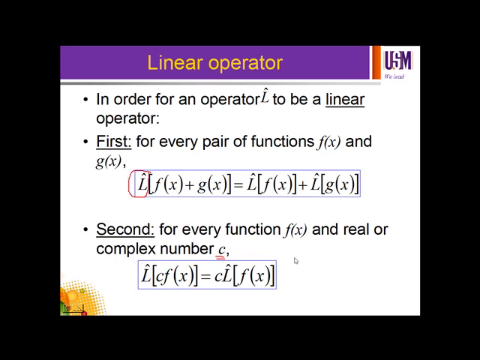For every function f and real or complex number c, we have this relationship, linear operator in the square bracket c f equals c times linear operator on f. That means the c can be brought out of the operation here.